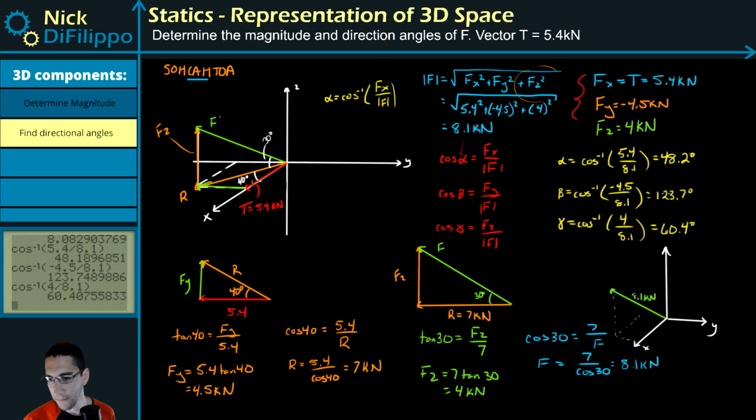The angle from the positive x-axis, like that, is 48.2 degrees. The angle from the y-axis is 123.7 degrees. And the angle from this z-axis is 60.4 degrees. And now this defines where this vector is in space.